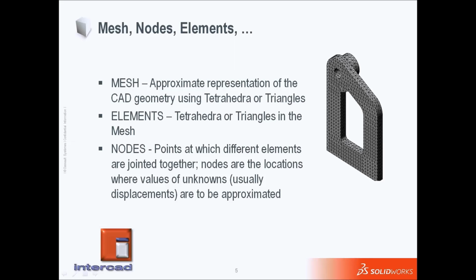The elements could be tetrahedral or triangular in shape, and they may share points. These points are what we call nodes, and the network of these elements connected together is simply called the mesh.